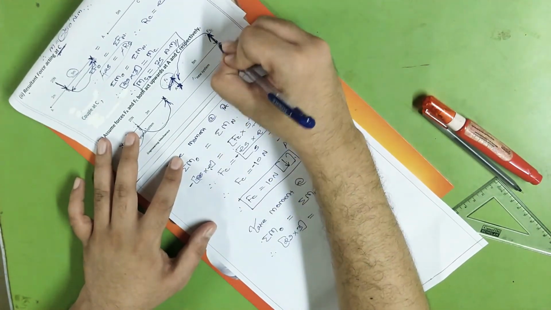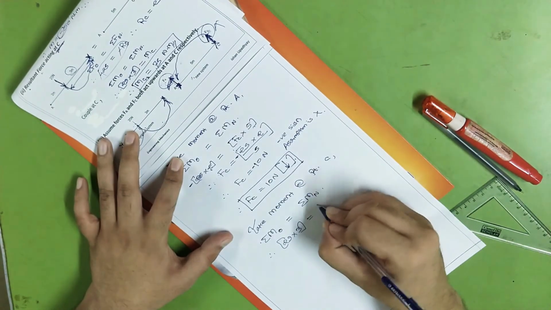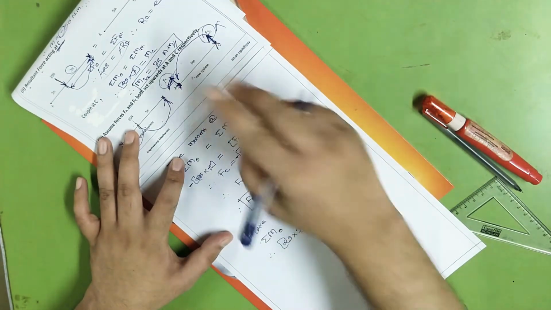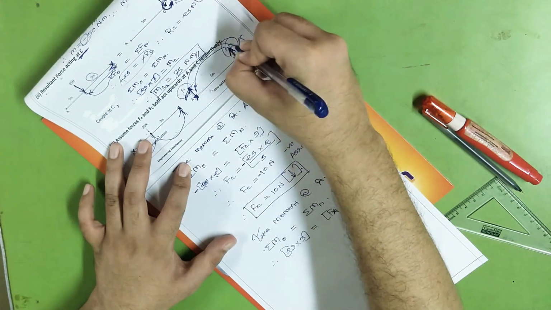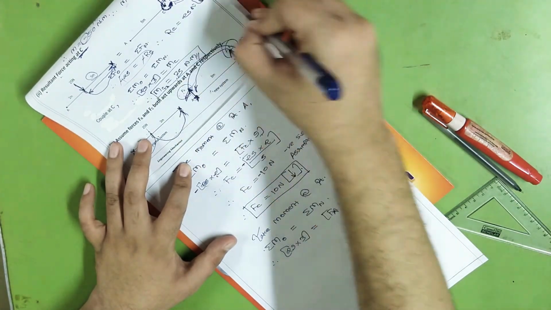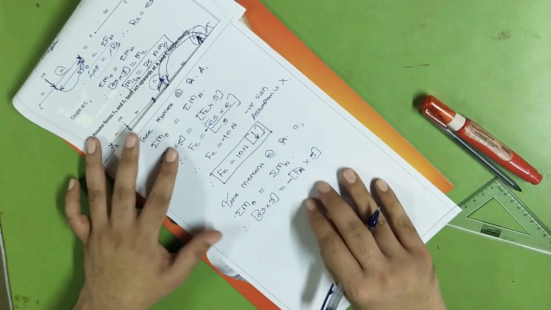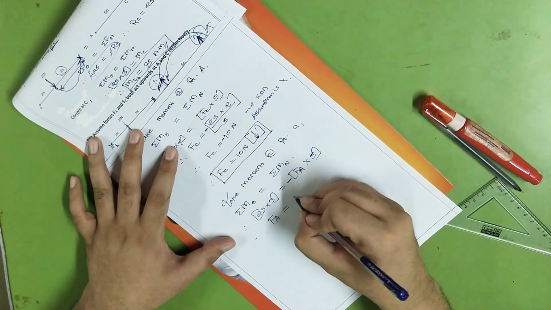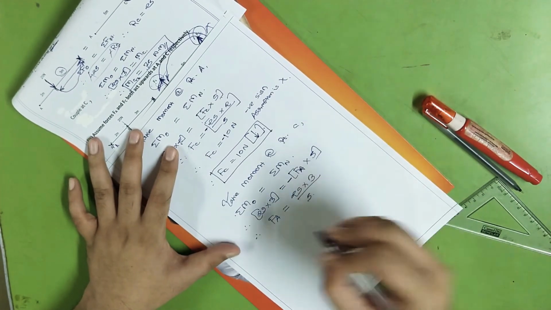Now this time I'm taking moment about C, so FC will become 0, and FA will come into the picture, and FA into, what is the distance? FA into 5, and FA is producing moment in clockwise direction, so minus sign for clockwise direction. With this, can I say that FA is equal to 25 into 3 upon 5?